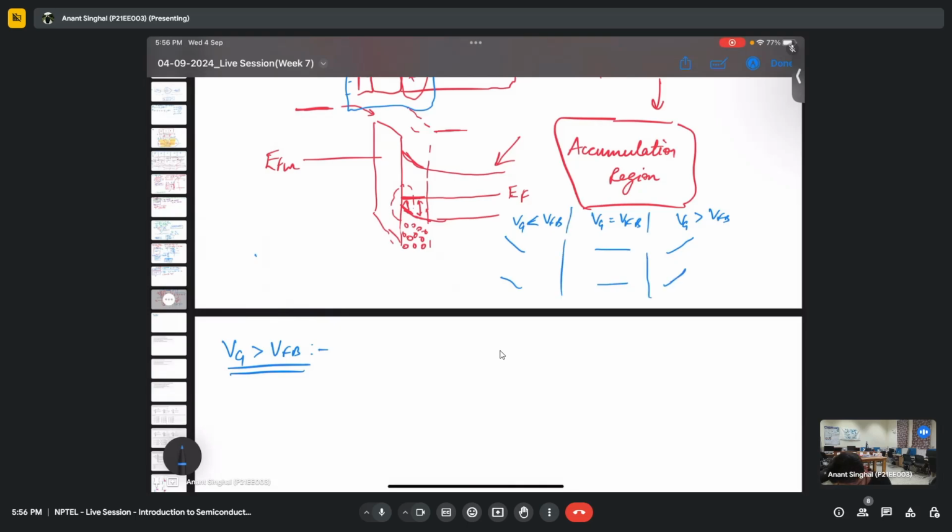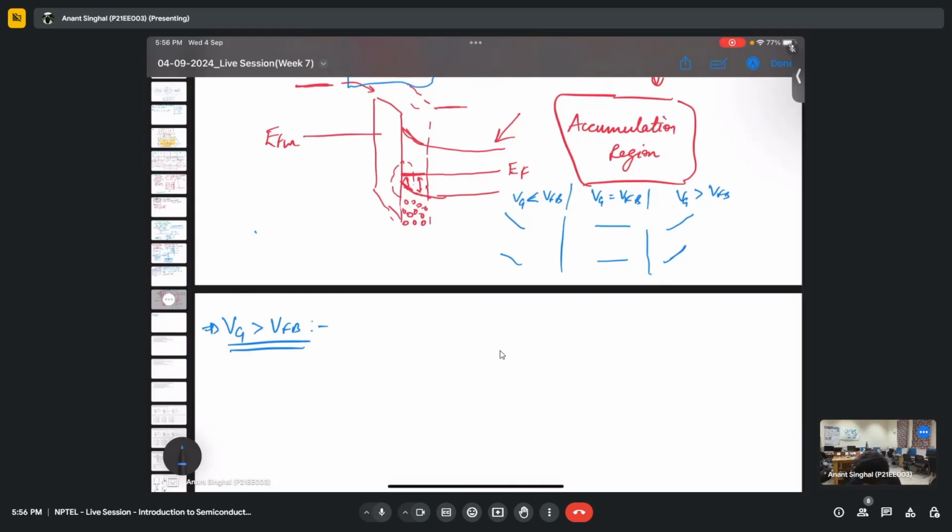So now I am applying a positive voltage which is greater than the flat band voltage. So what will happen now? We have a band bending downwards. How can I make this? So this is EFM.